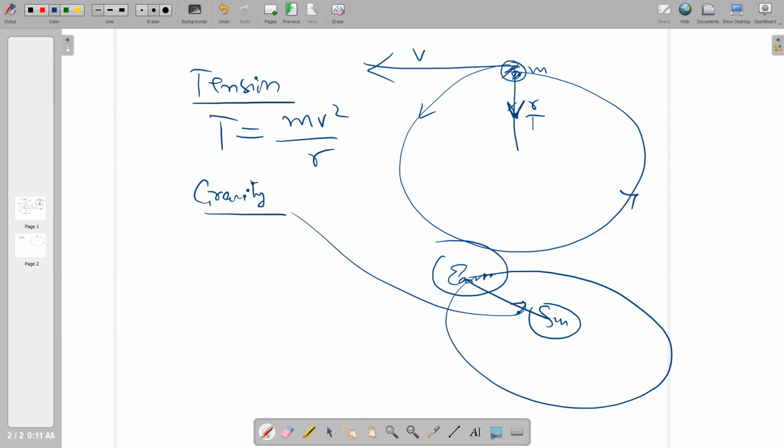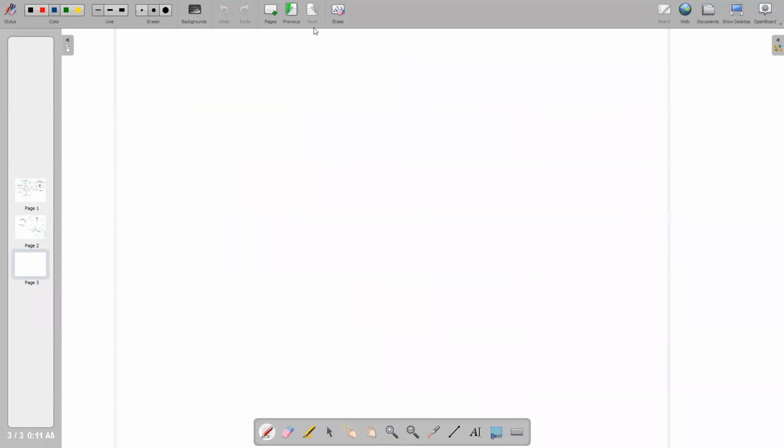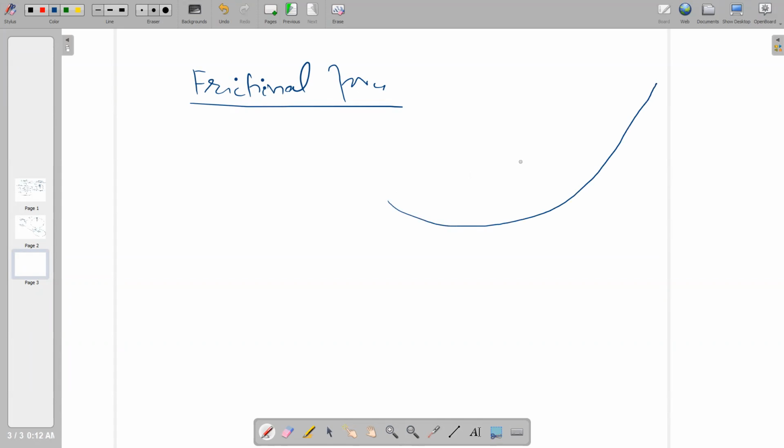This is the second example. The third example is the frictional force. In frictional force, you know that the roads have some friction. If you want to take a turn like this, the road is a curved road.